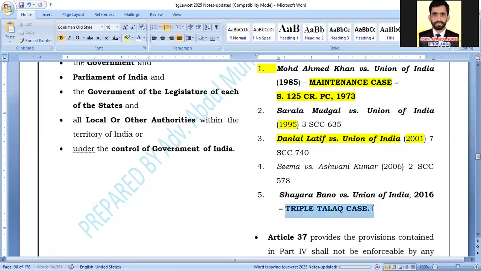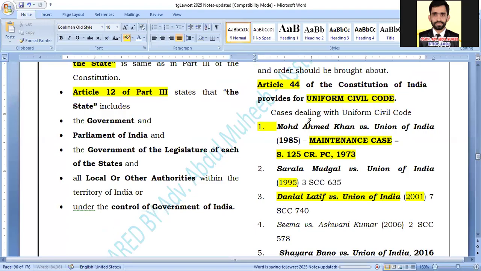Two are very important. One is the Shah Bano case. What is the first?